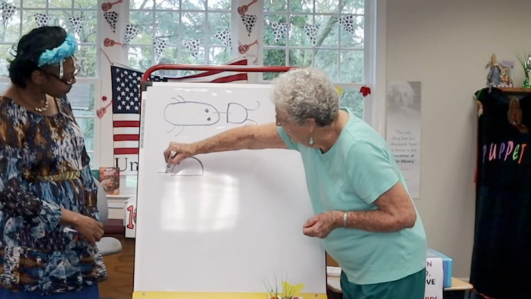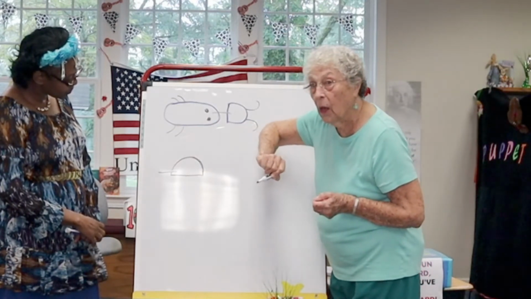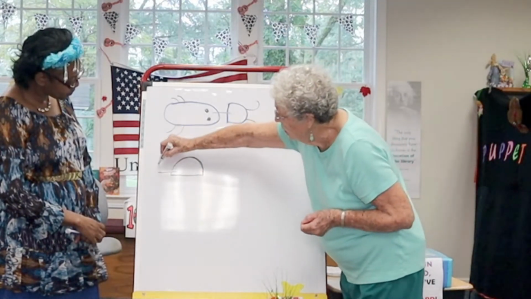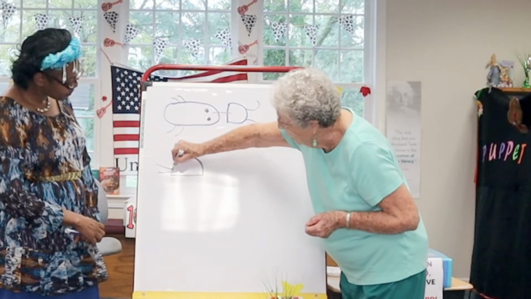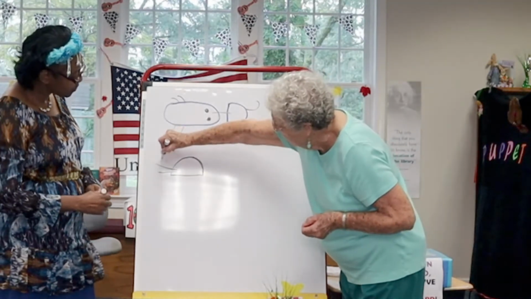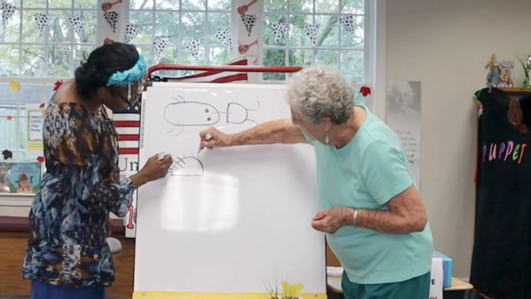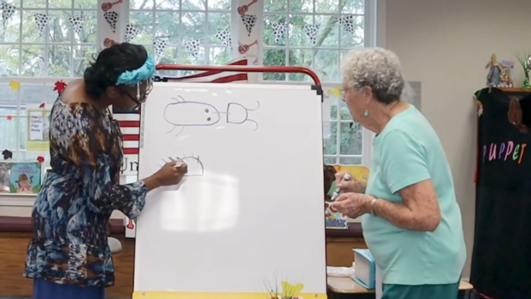We're going to put a long line here that is horizontal. This one's going to be at an angle, so it has to be a diagonal. And then we're going to put a whole bunch of diagonal lines. But we're going to make them shorter as we go up, like this.